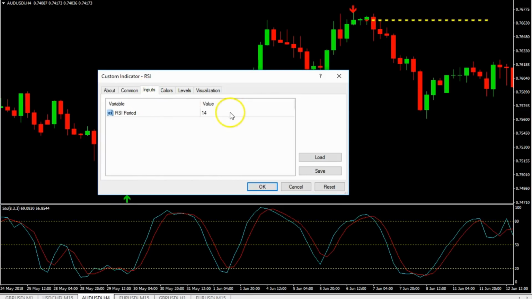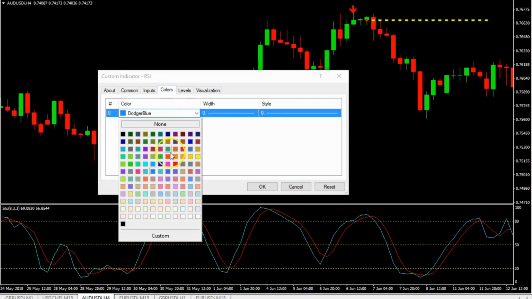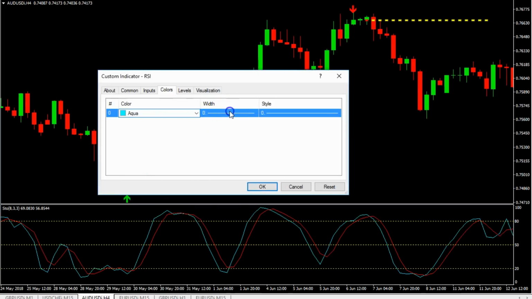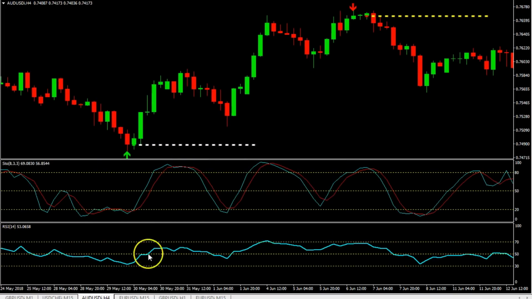Inputs should be 14, and then the colors, I should change this also to aqua and make it a little bit thicker, bring it to number 2. And the levels, you need another level here also, level 50. So you write down here 50 and then change the color to yellow and click OK. Okay, so this is your RSI.